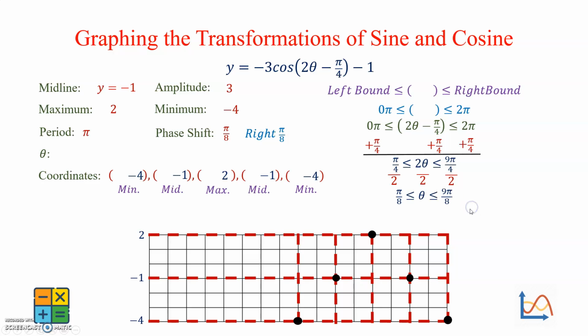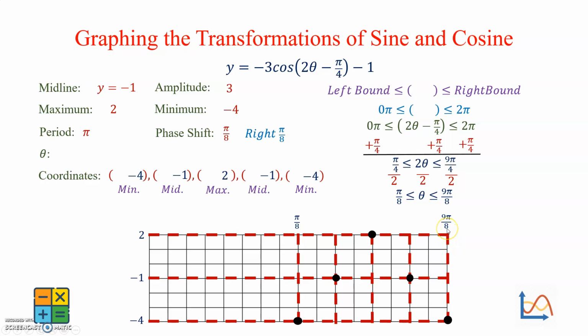Pi over 4 divided by 2 gives us pi over 8. This gives us 9 pi over 8. And so what this does for us, it transitions from our original left bound and right bound being 0 and 2 pi to the new transformation. The new left bound is pi over 8. The new right bound is 9 pi over 8.